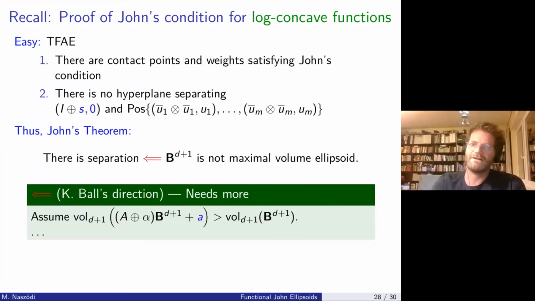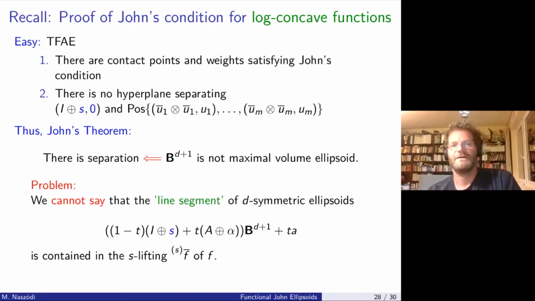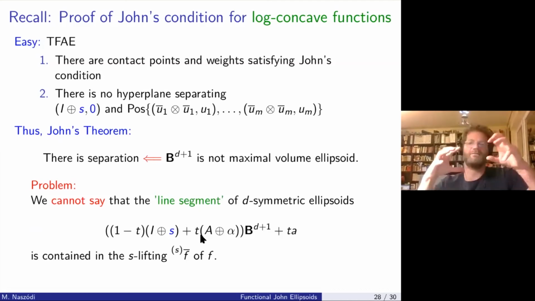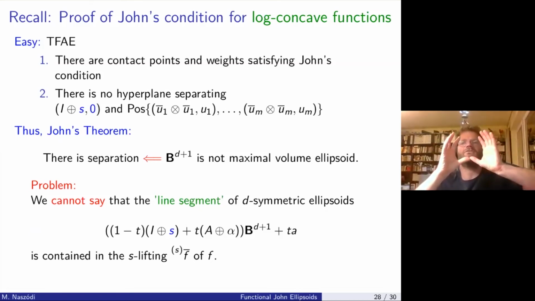But interestingly, if you want to prove Keith Ball's direction, then you run into a problem, namely that now you cannot just say take this line segment connecting the identity with A, or this ellipsoid with that ellipsoid, just take the convex combination of the two ellipsoids, you get the bigger ellipsoid, and that will be in between.